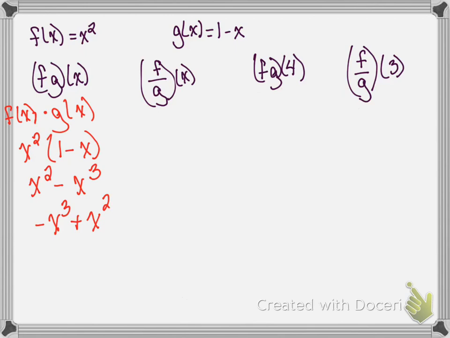So my next one, I have f over g of x. So I'm going to do f of x over g of x. F of x is x squared. G of x is 1 minus x. Now, for f over g of x, what can x not be? It's okay if x is 0.